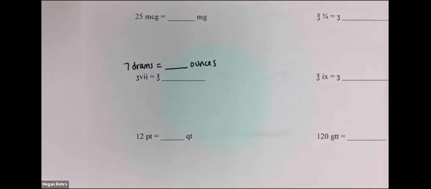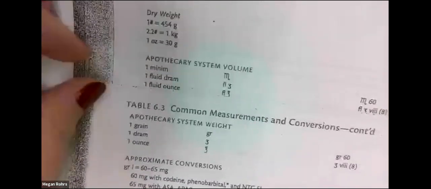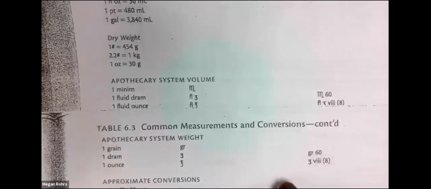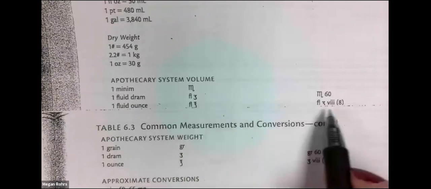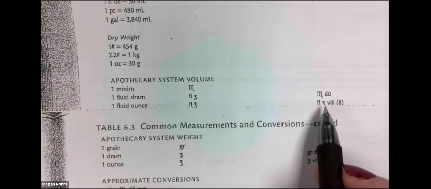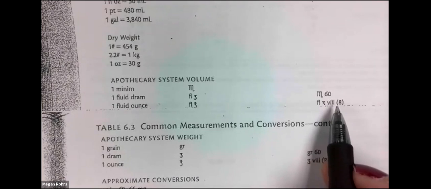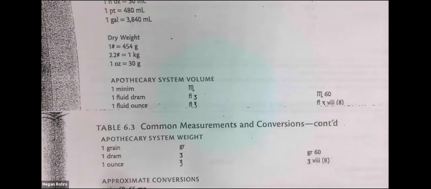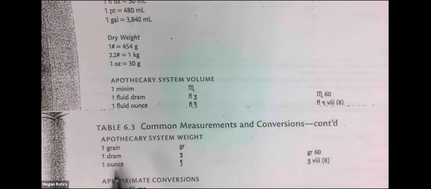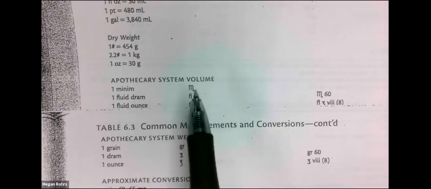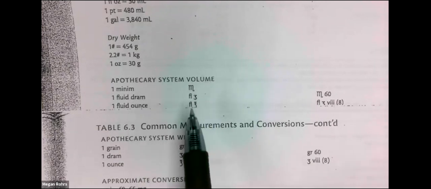Now let's take a look at our conversion chart here. We see 1 fluid ounce is equal to 8 fluid drams. We can see that that's the same case for fluid ounces and then regular ounces as well. If we're looking at volume, that's when we use fluid ounces.